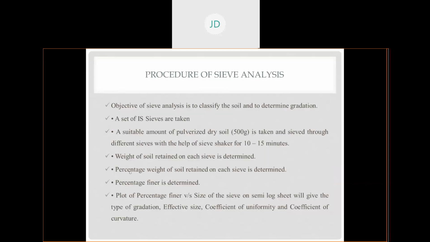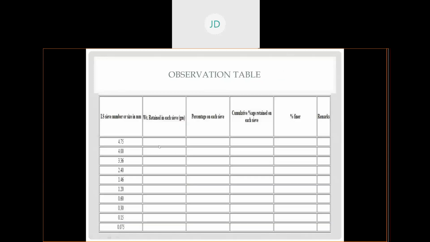So what you have to do, we have to take the weight of soil retained on each sieve. We need to find out the soil retained on each particular sieve, take the percentage, then find out the percentage finer. We'll discuss this procedure in this tabular format. After the laboratory test, we have to go for preparing this table.